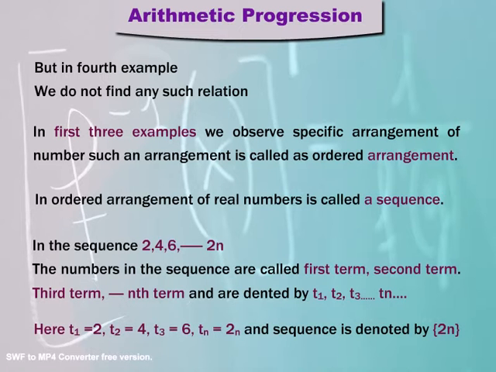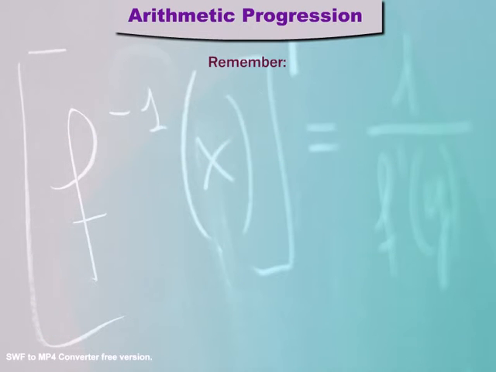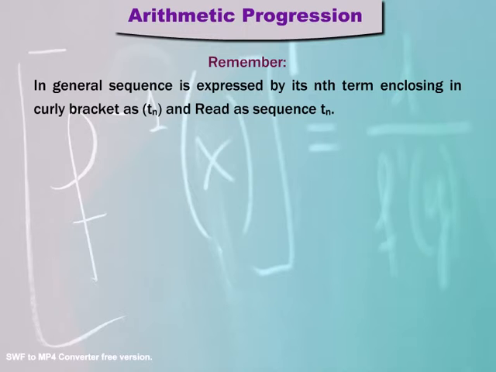Here T1 equals 2, T2 equals 4, T3 equals 6, Tn equals 2n, and the sequence is denoted by {2n}. Remember, in general, a sequence is expressed by its nth term enclosed in curly brackets as {Tn} and read as sequence Tn.